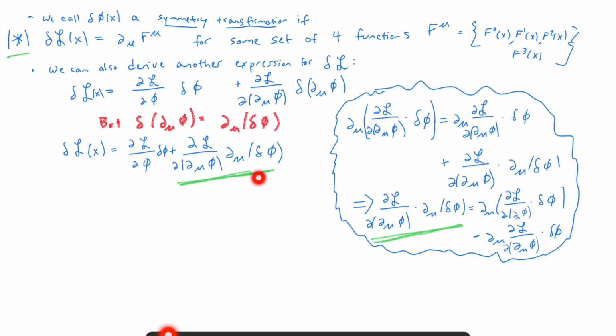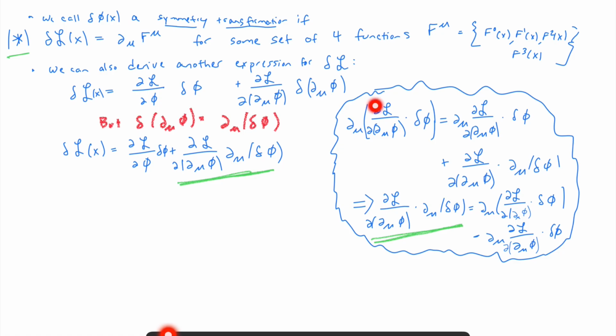Now, this part of this change in Lagrangian can be rewritten as follows right over here using this line. And you can look at this for a couple of minutes. How did we get this line? Well, if we go back here, we just use the product rule of the derivative from basic calculus.